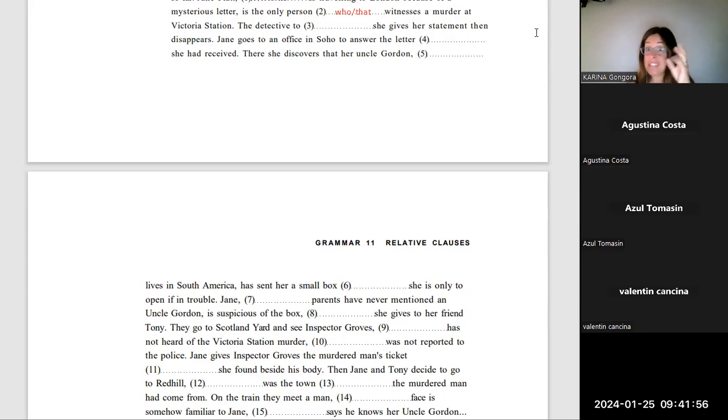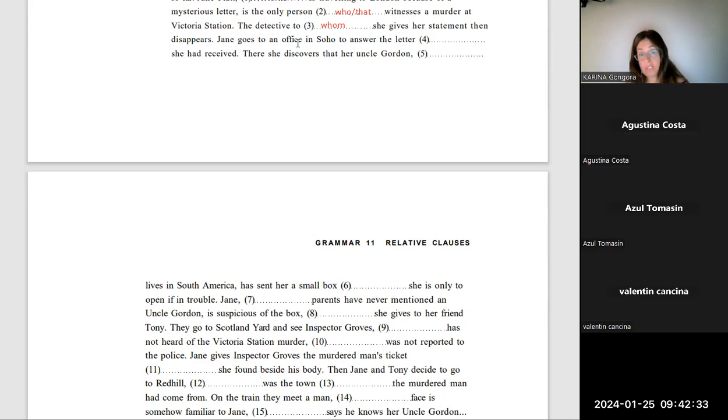Ese detective es el objeto de la oración. Porque acá lo principal es que ella da esa declaración. When you are speaking about a person who is the object of the sentence, we have to use whom. Okay? Whom. Whom es el who para el objeto. Okay? Very good. The detective to whom she gives her statement then disappears.